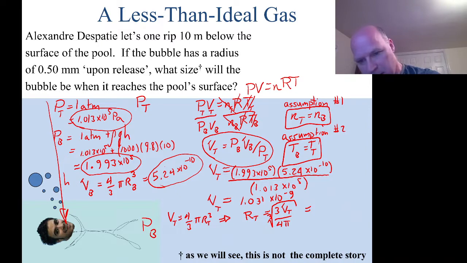And we get 6.27 times 10 to the minus 4 meters, which is equal to 0.627 millimeters. Ta-da!